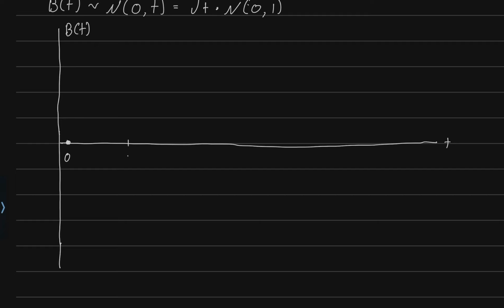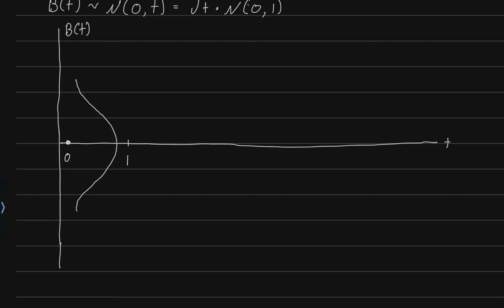So let's try to represent that. If I have my next point, which I'll say is 1, essentially what I'm going to do is create a normal distribution like this, and I'm going to sample my next point from this normal or Gaussian distribution.